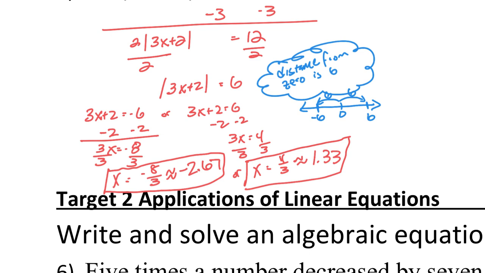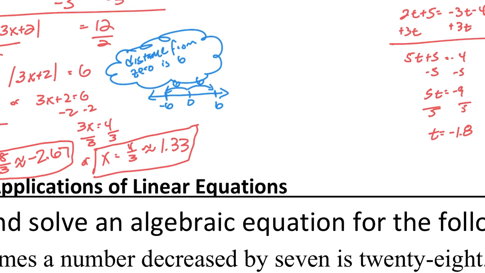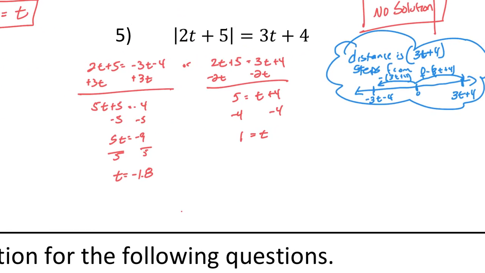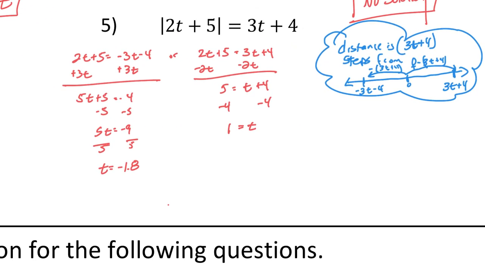What does it mean to go in negative distance? We could go in a negative direction. That means just going to the left. That's negative direction, but a negative distance doesn't exist. So when we look at this problem right here, when we were at that crucial point in the problem and we had the absolute value all by itself and we looked at what our distance was, our distance has a variable in it, which means we don't know what our distance is, which means our distance could theoretically be negative depending on what I put in for t, and we're not allowed to have a negative distance.